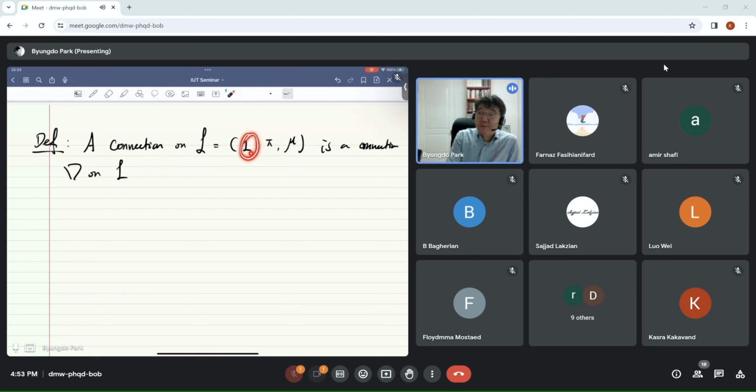Then a bundle gerbe connection is a connection on this line bundle over the double overlap, or this two-fold fiber product. The connection on this thing, right? But you would like to require that this connection is compatible with mu.